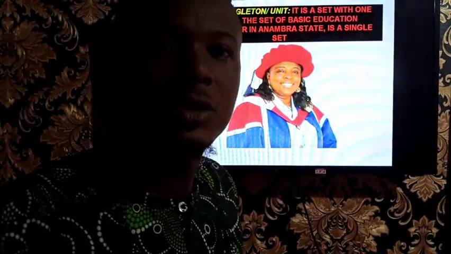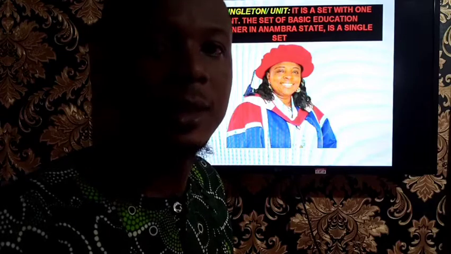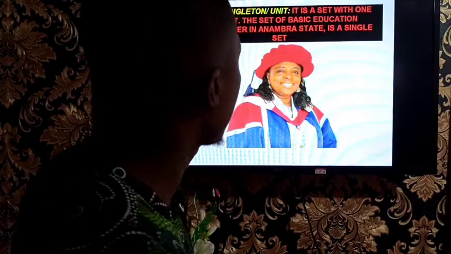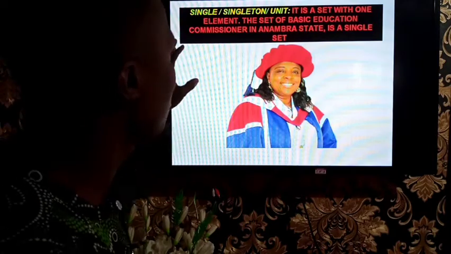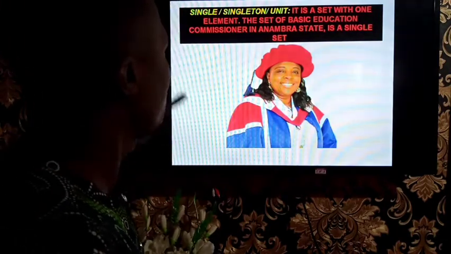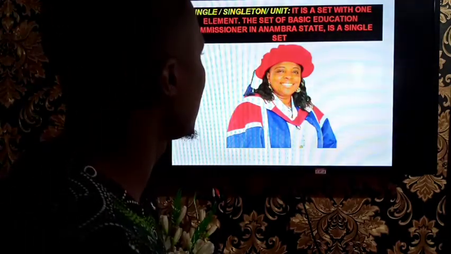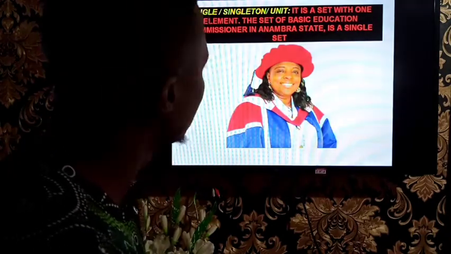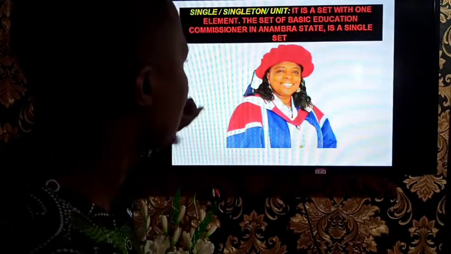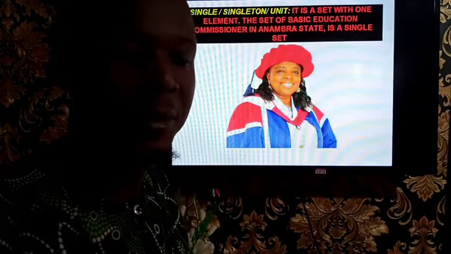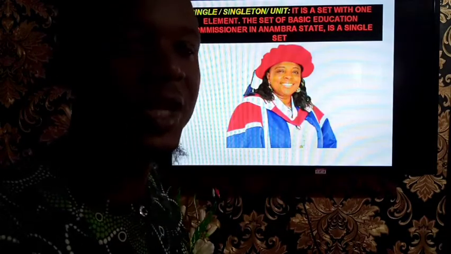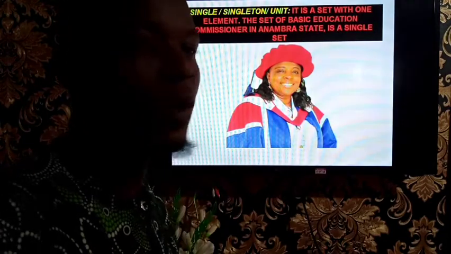Okay, we still have another kind of set known as the single set. If you don't call it single set, you are free to call it the singleton or the unit set. These are the names you can give to it. If you take a look at this picture, you see our beautiful and hardworking Honorable Commissioner for Basic Education in Anambra State. And such position, only one person occupies it in Anambra State. Hence, the set is just a single set. It has just one member.